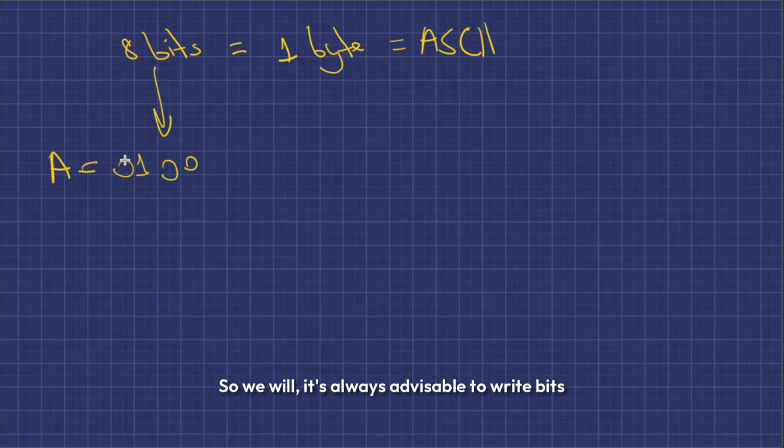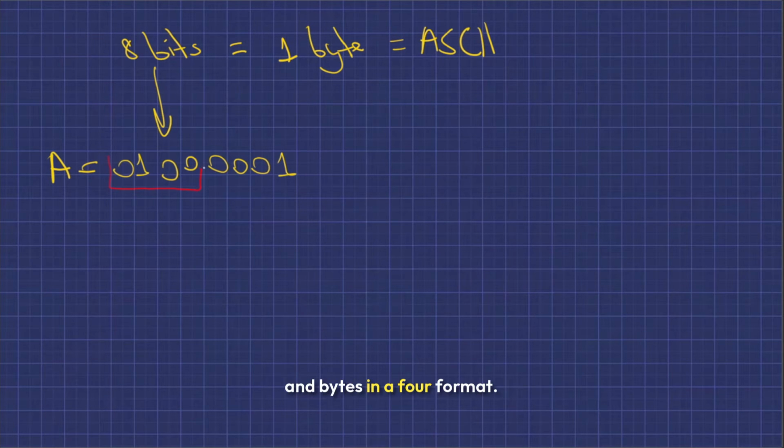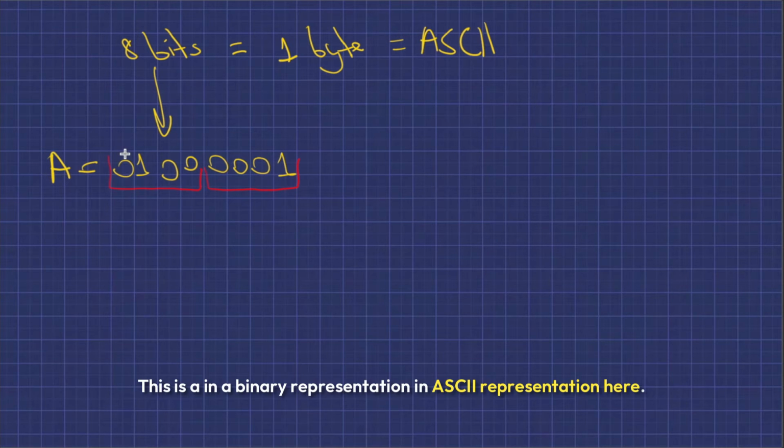So it's always advisable to write bits and bytes in a 4 format. And yeah, that's basically it. This is A in a binary representation in ASCII.